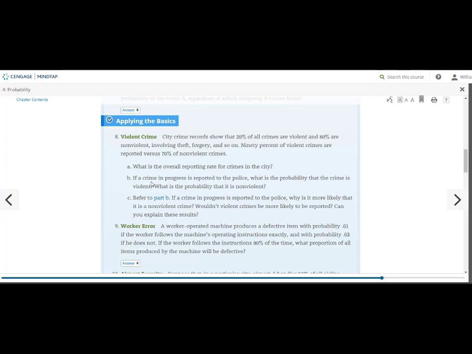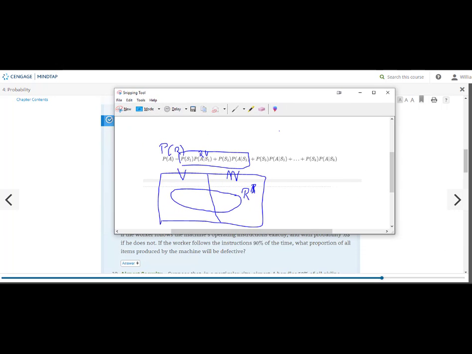They're saying given that it's reported, what's the probability that it's violent? So they are asking a question like, given that it's reported, what's the probability that it's non-violent? So this kind of question.